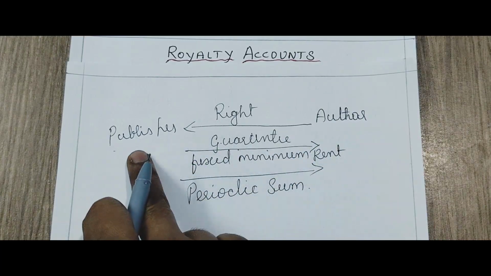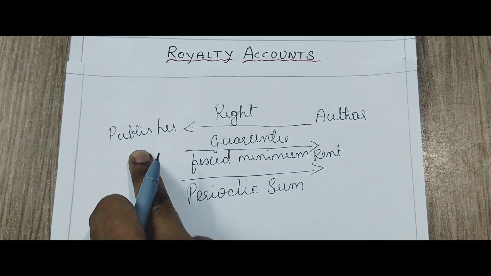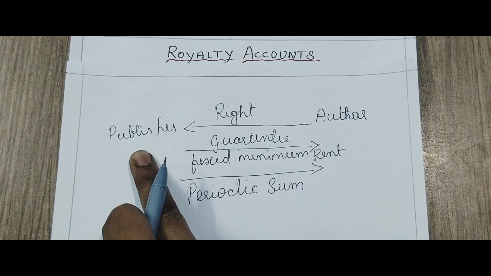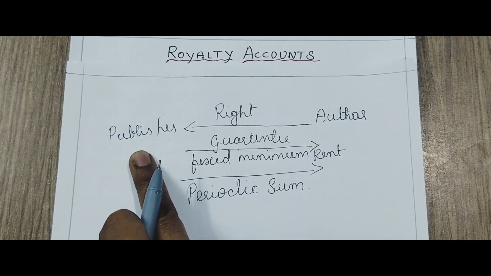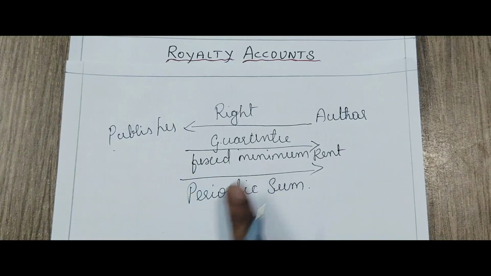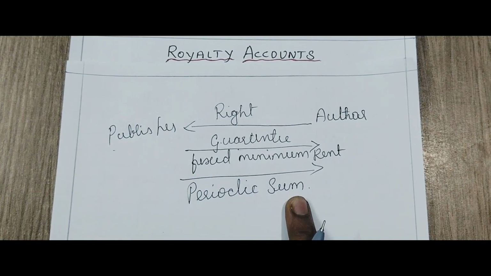First, he has taken the right from the author to publish the textbook for selling. Then he assures a guaranteed periodic sum. It will be an agreement for a specified period of time, at regular intervals. It can be monthly, quarterly, half yearly or yearly.